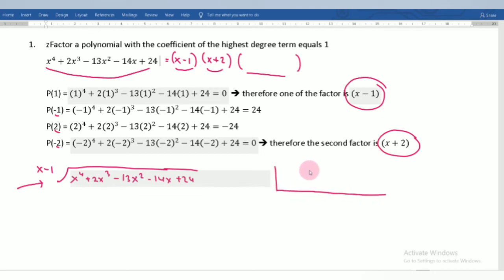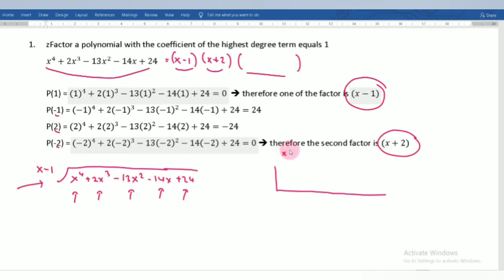So how do we use synthetic division? First, I put things in order because we have the fourth degree. This is a quartic polynomial. Therefore, I put 5 positions, 5 slots.